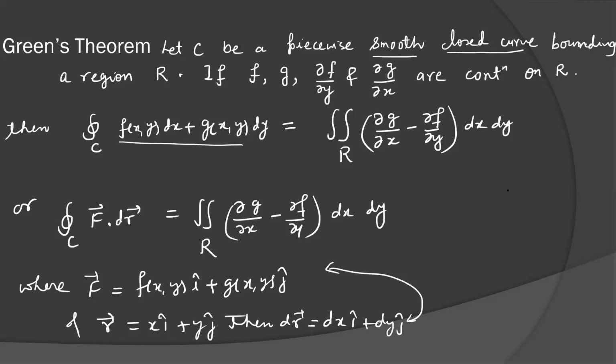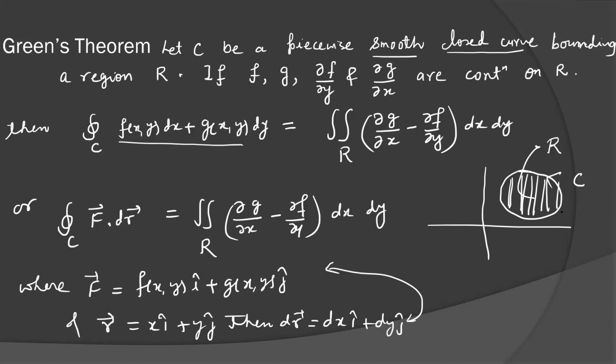What is the geometrical interpretation here? Suppose this is your closed curve. Its boundary is represented here by C. The curve C is representing the boundary, and R is the region bounded by the curve C. This is your R region, and C is the boundary of this curve.